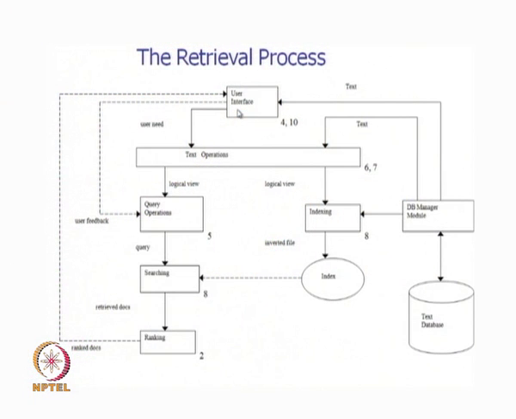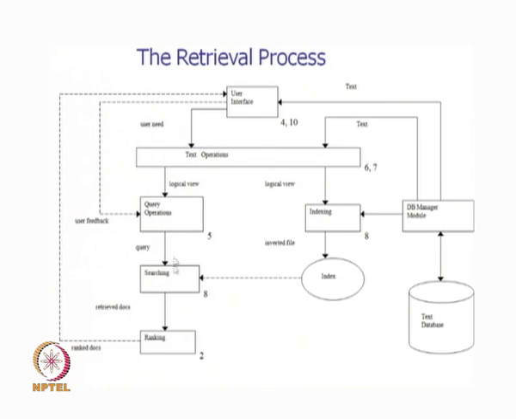So, proceeding, we just remember that the retrieval process happens in the following way. There is a user interface and the user information need is expressed in the form of a query.